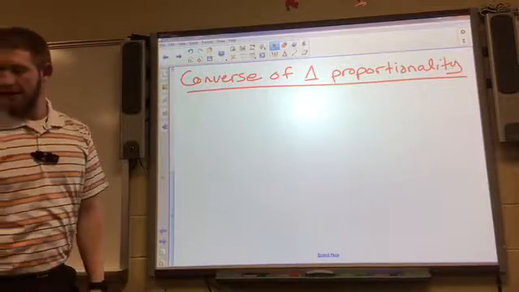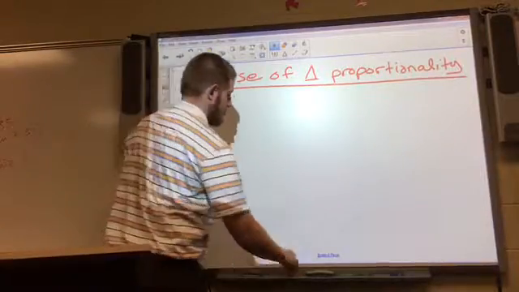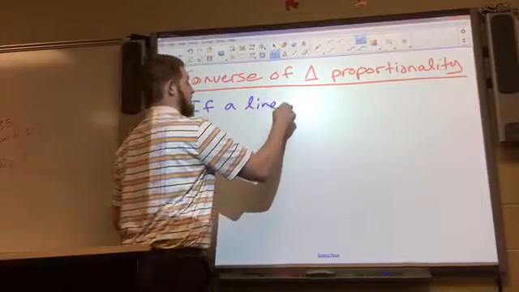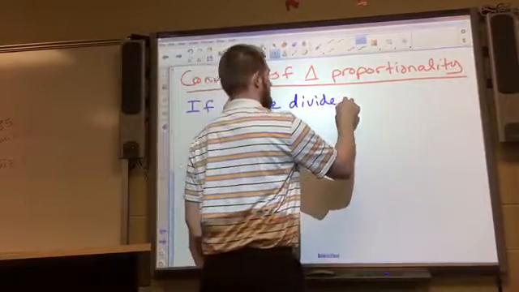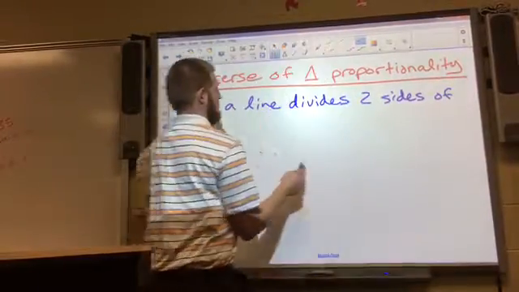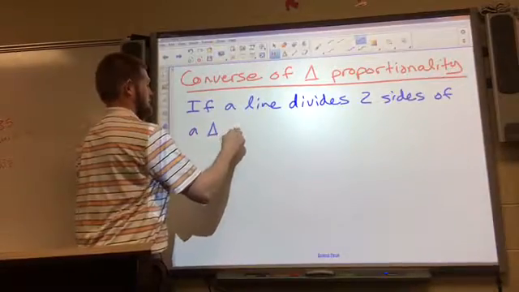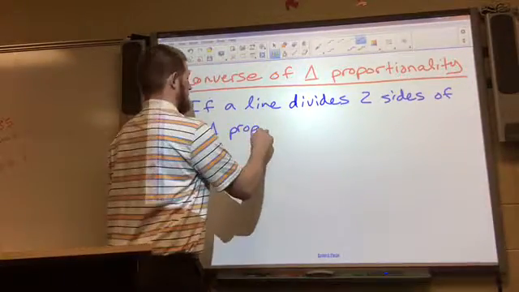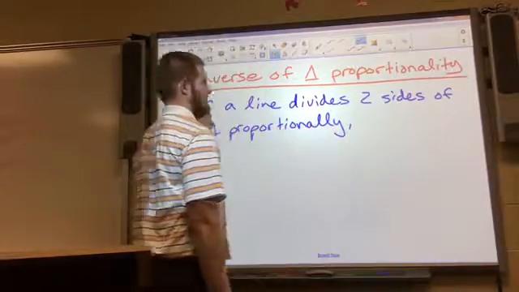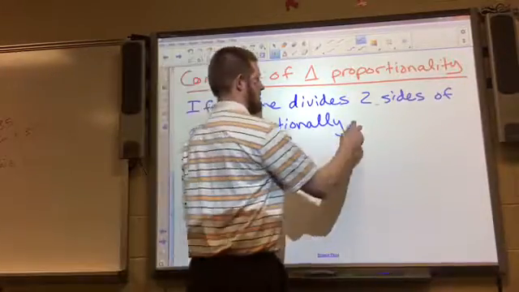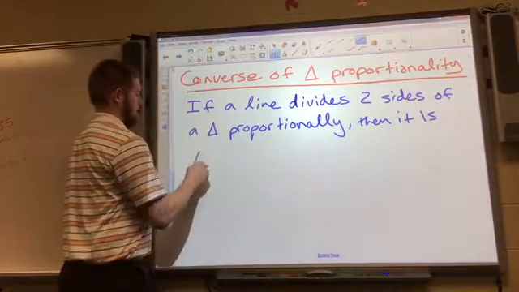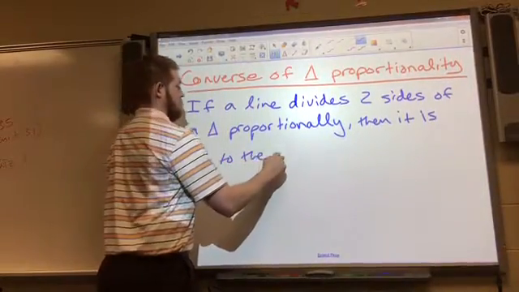So if a line divides two sides of a triangle proportionally, then it is parallel to the third side.